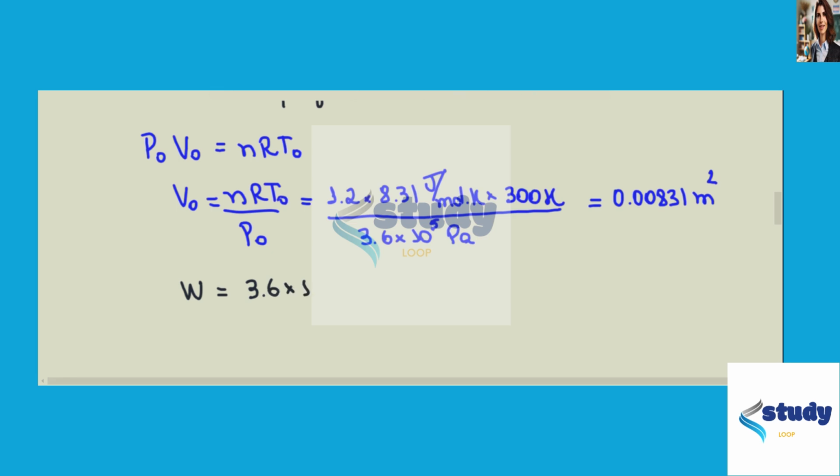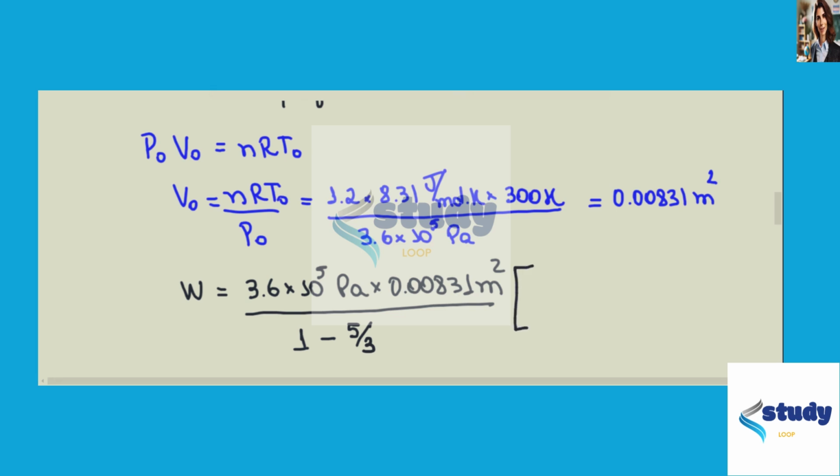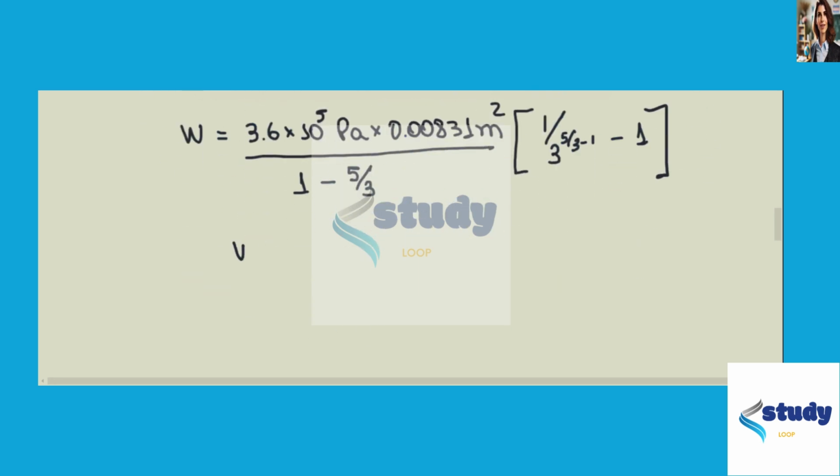That's 3.6 times 10 to the 5th pascals, times 0.00831 cubic meters divided by 1 minus gamma, so that's 1 minus 5 thirds, times 1 over 3 to the gamma minus 1, so that's 5 thirds minus 1, minus 1. So W is 2331 joules.